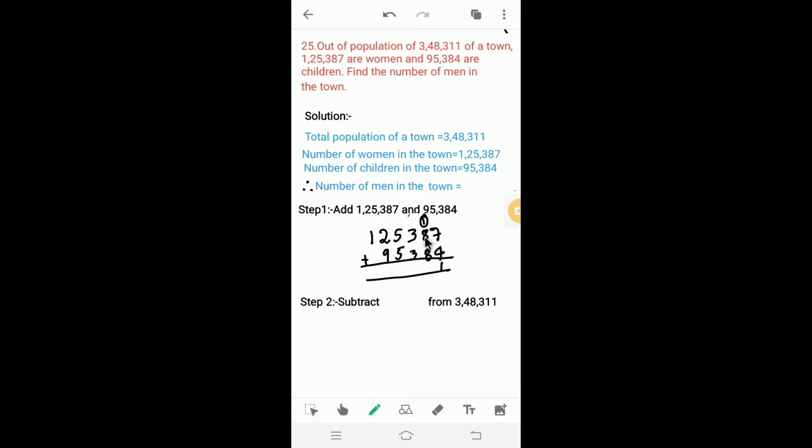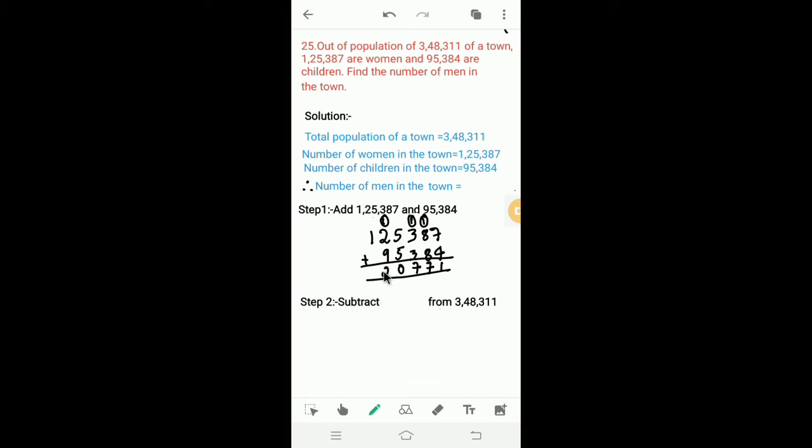1 plus 8 is how much? 1 plus 8 is 9. 9 plus 8, 17. So I will write 7 here and 1 carry. 1 plus 3 is 4. 4 plus 3 is 7. 5 plus 5 is 10. So I will write 0 here and 1 carry. 1 plus 2 is 3. 3 plus 9 is 12.